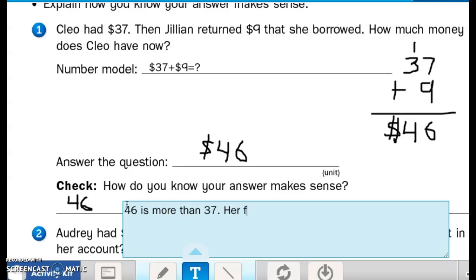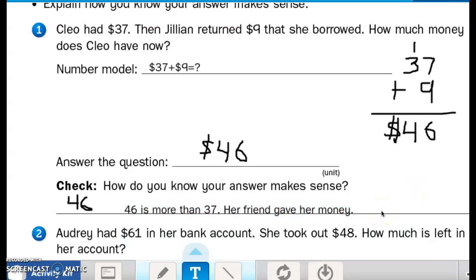And her friend gave her money. So the answer should be more than what she started with. So this makes it make sense.